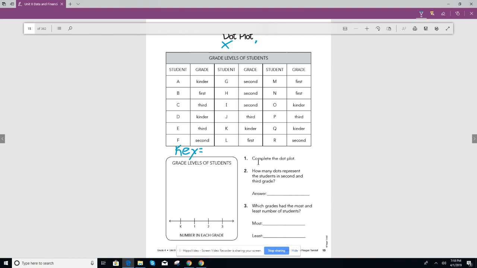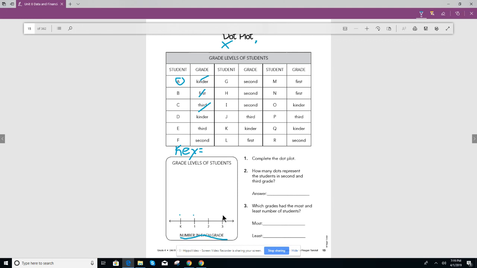So the first step that it tells us to do is to complete the dot plot. What we're talking about here is number in each grade. So this student is a kindergartner, so he gets 1 dot. This student is a first grader, so we put a dot.